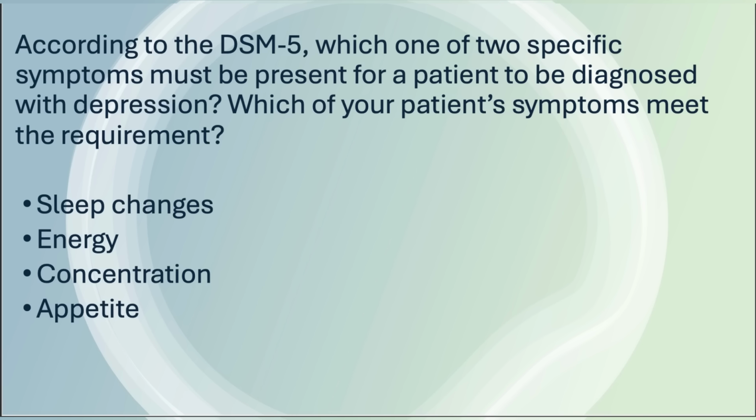At least 2 weeks, they have to have the same symptoms, 5 or more. And at least one of those symptoms must be either depressed mood or a loss of interest or pleasure, the anhedonia. So as this applies to our patient, he reported sleep changes.